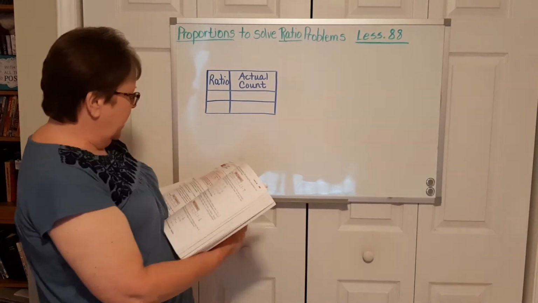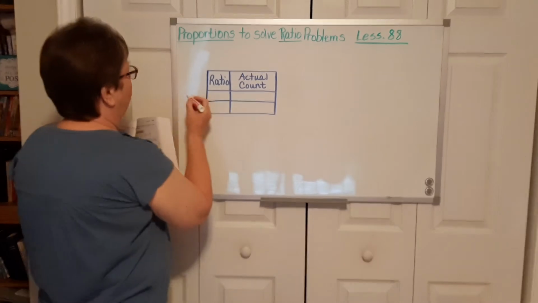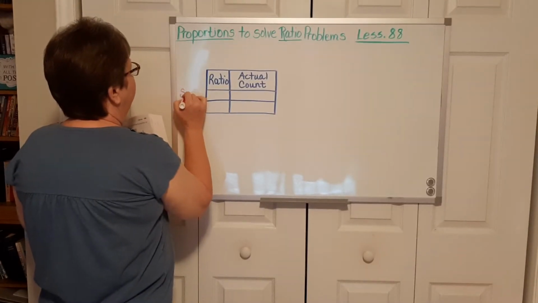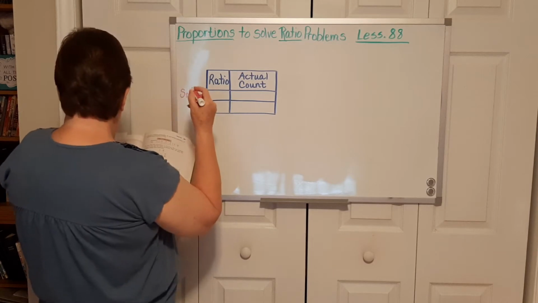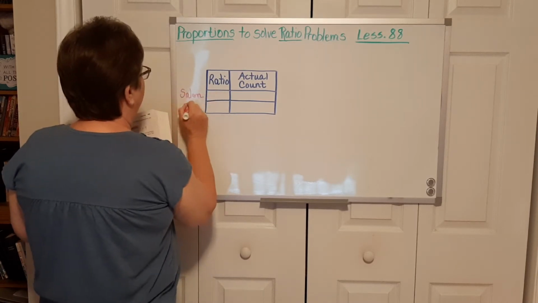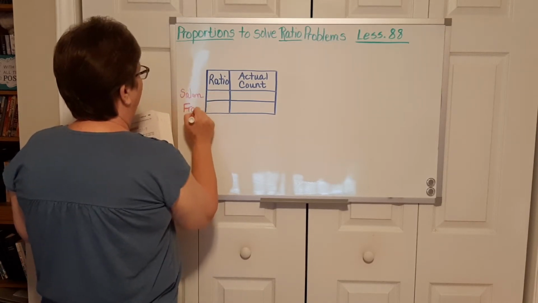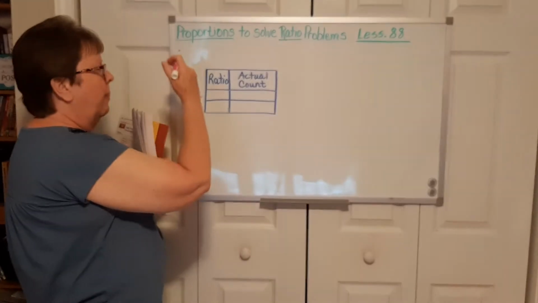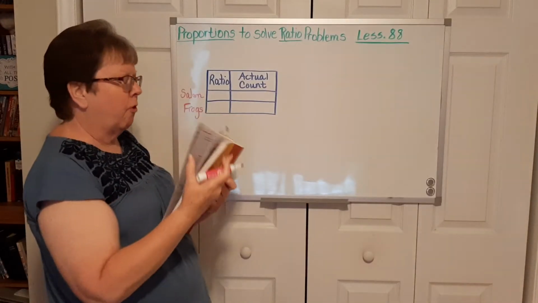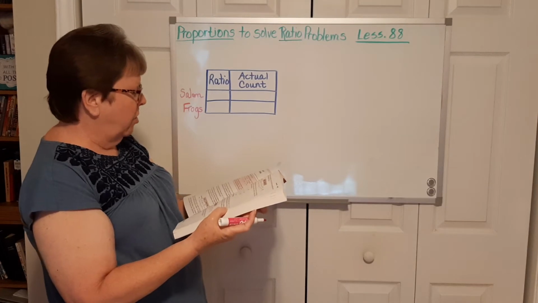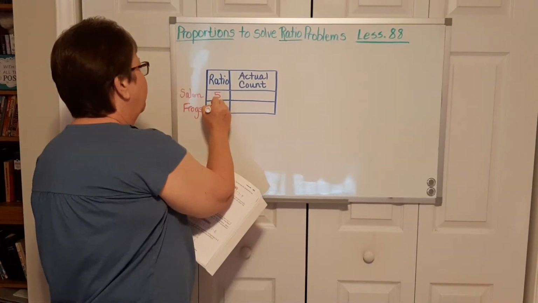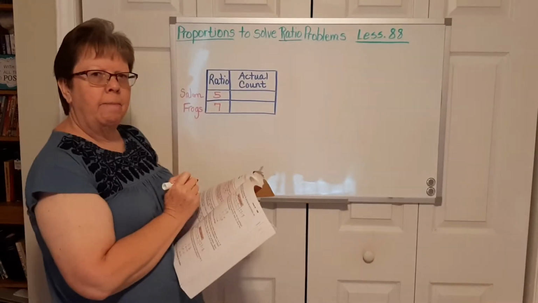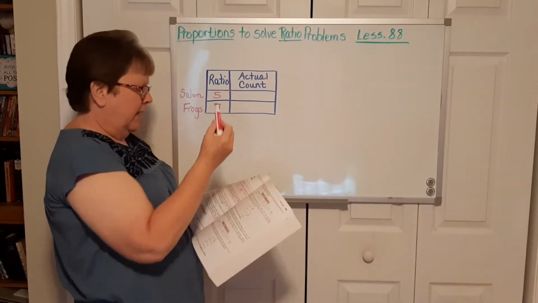Now it said salamanders first, so I'm going to make this salamanders, and I'm going to abbreviate it there. Salamanders to frogs. Whatever it says first, that's going to be the top number of your fraction. So it says the ratio of salamanders to frogs was 5 to 7. So that's like your fraction, 5/7.